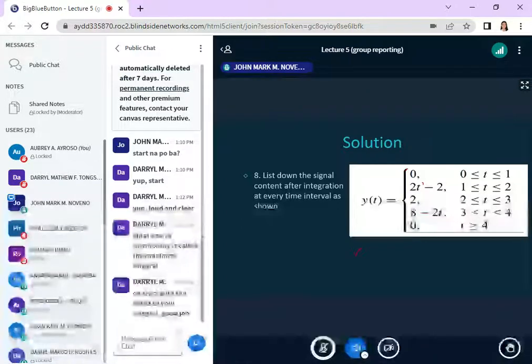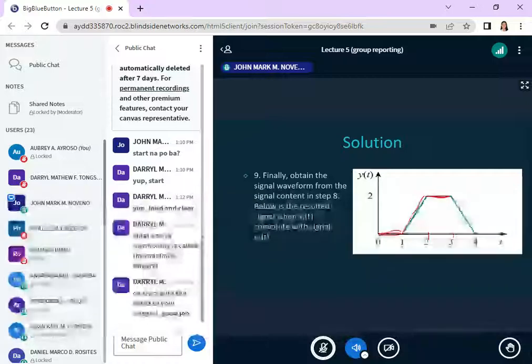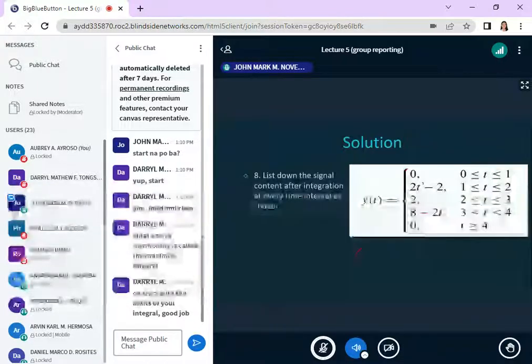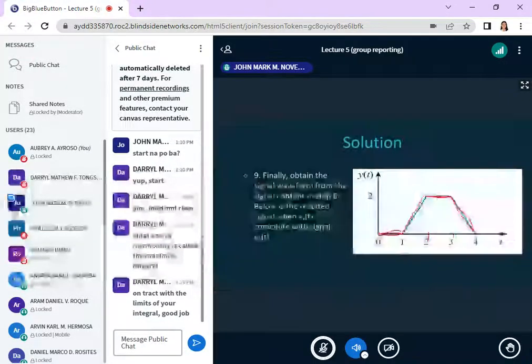So, ibig sabihin, ramp down yan. Bababa yung ating signal. And ang pinakauli sa step, kapag ang time natin ay greater than 4 hanggang sa infinity, magiging 0 yung ating signal. So, ganyan. So, ito yung final waveform natin.